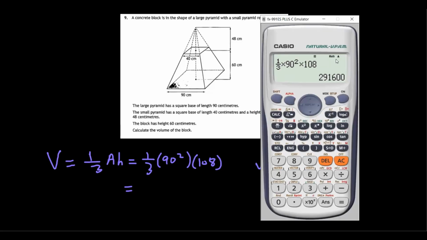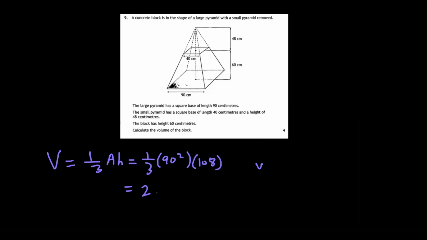So 1/3 times 90 squared times 108. So that's the volume of the large pyramid, 291,600.